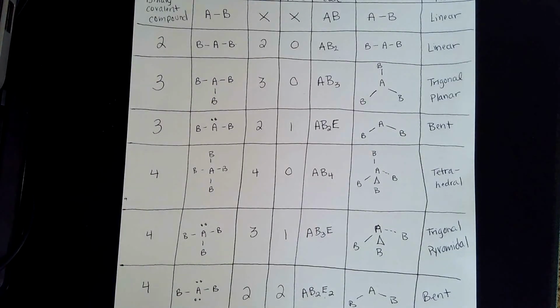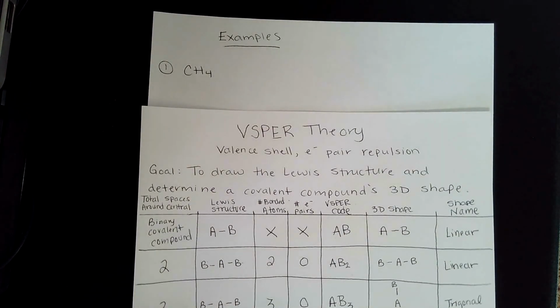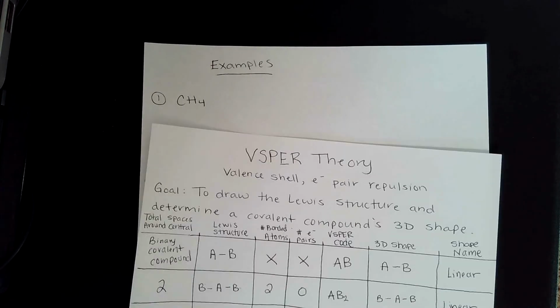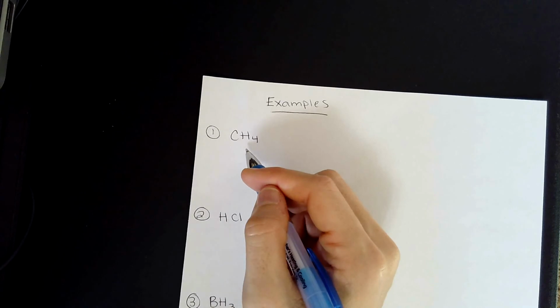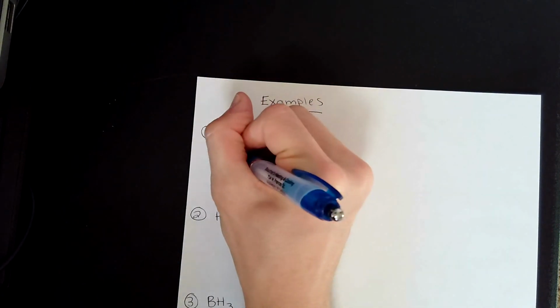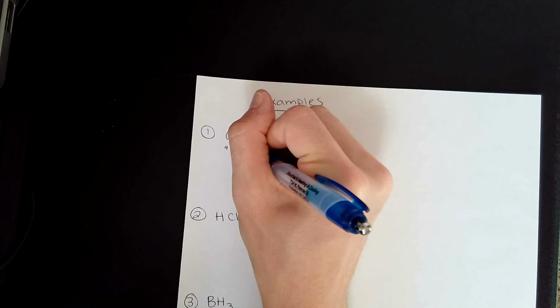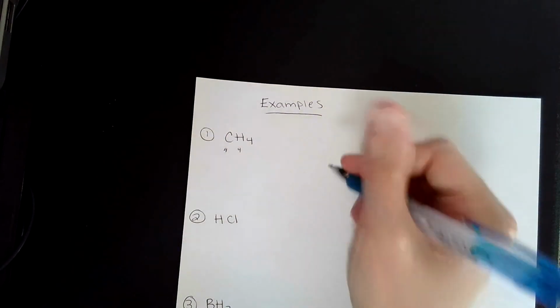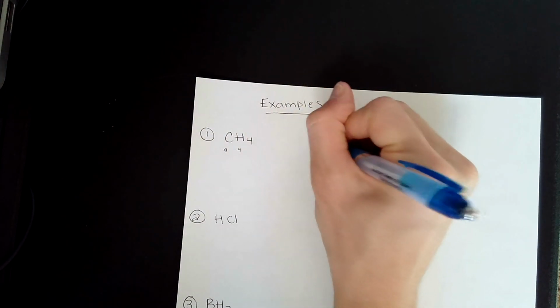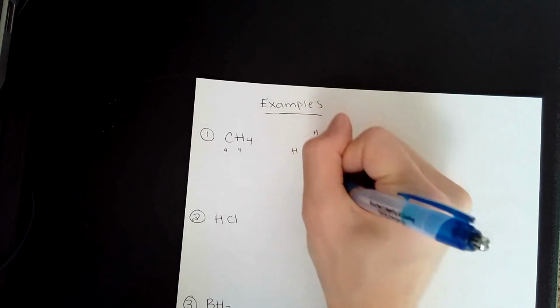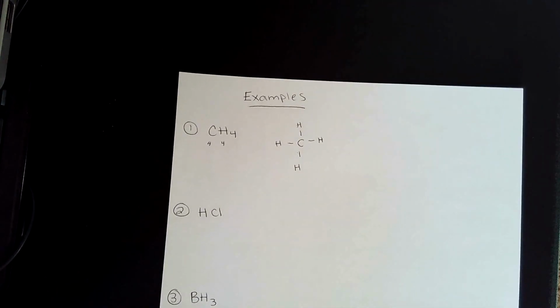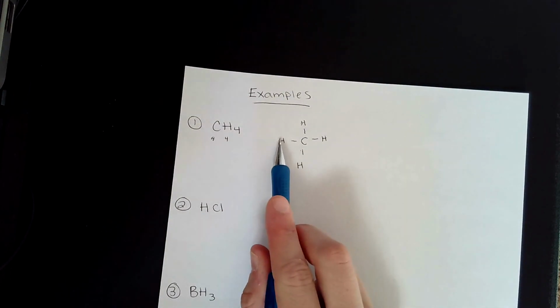Let's do a couple examples. So if you have to determine the three-dimensional shape, your first step is to draw out the Lewis structure. So here we have CH4, and carbon has 4 valence electrons, and each hydrogen is 1. There's 4 of them total. So our electron budget is 8. So we have 2, 4, 6, 8. So if I look at this carbon, I have 1, 2, 3, 4 things around it, and they are 4 bonded atoms.